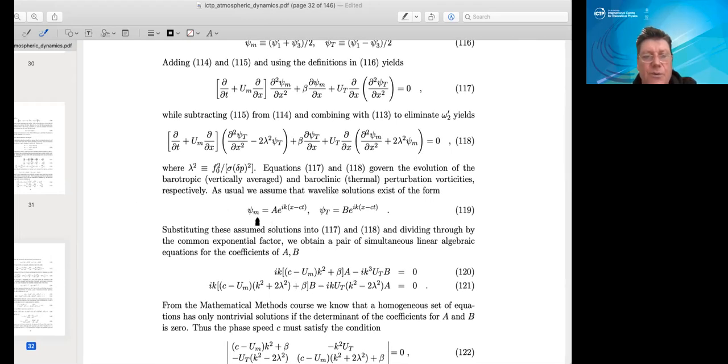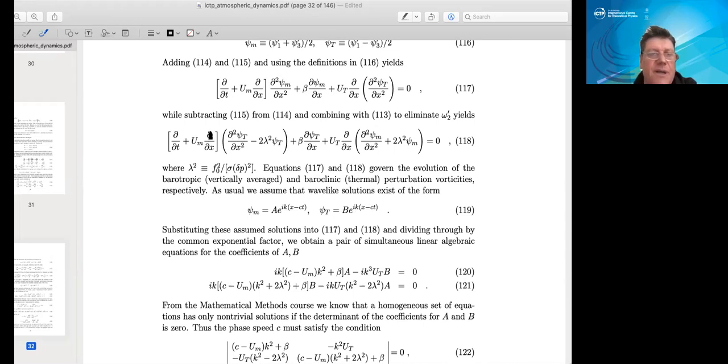And when doing this, we insert the mean stream function and the mean perturbation stream function between the 2 levels and the thermal perturbation stream function. We insert this here in these 2 equations. And we know, again, how to deal with these derivatives, because d square by dx square will give us minus k square, and so on.